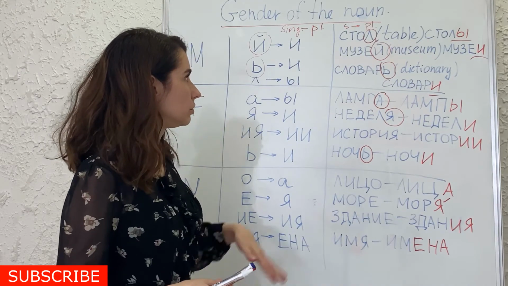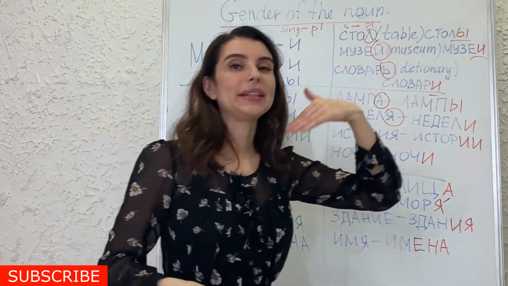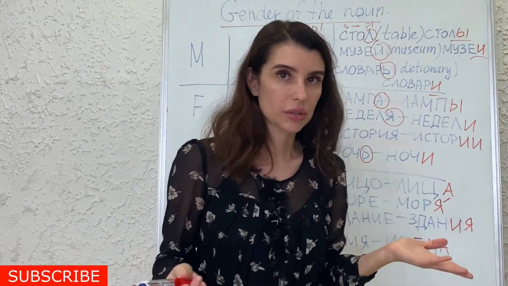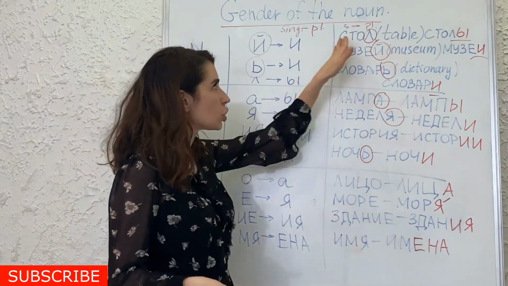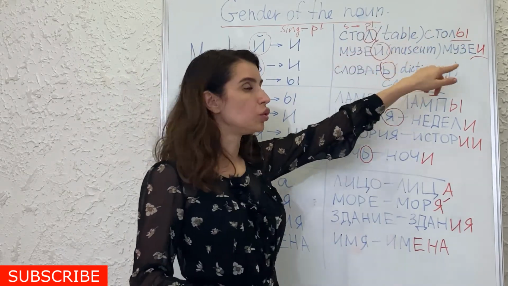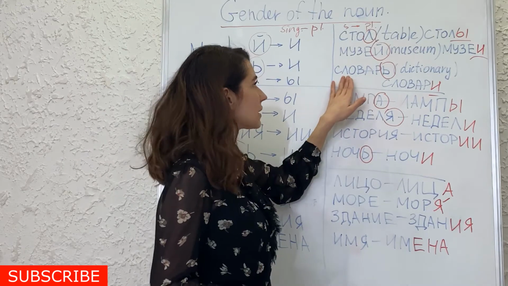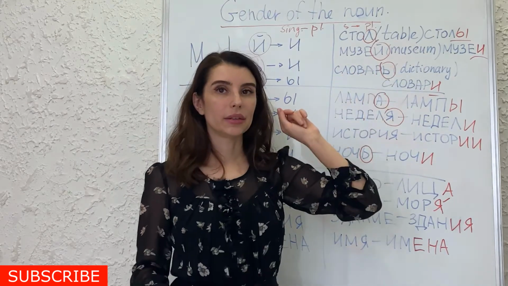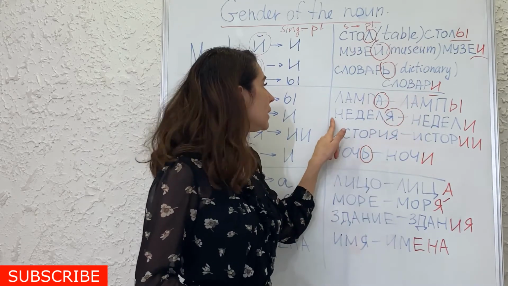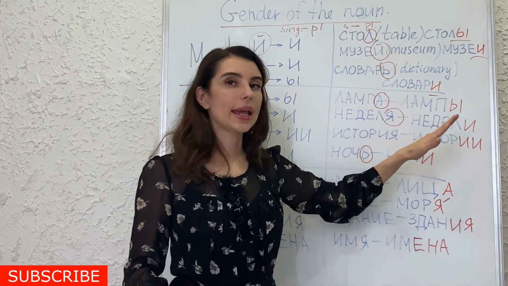So, let's repeat again to see how it's changing, without rules, without explanation. Стол, столы. Музей, музеи. Словарь, словари. Лампа, лампы. Неделя, недели.